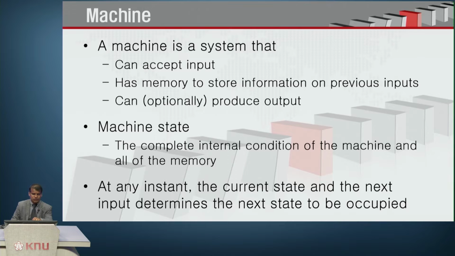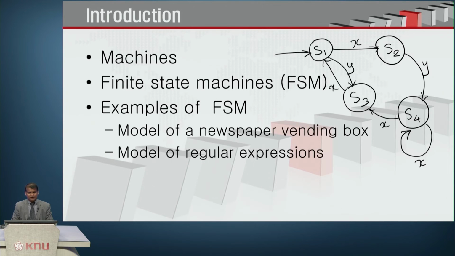In other words, it can store information, and finally it can produce an output. The state is the complete internal condition of the machine and all of its memory. That is what we call the state. At any instant the current state and the next input determine the next state to be occupied. In other words, if the current state is say S2, from there you can go to S4, and that's going to be the next state.